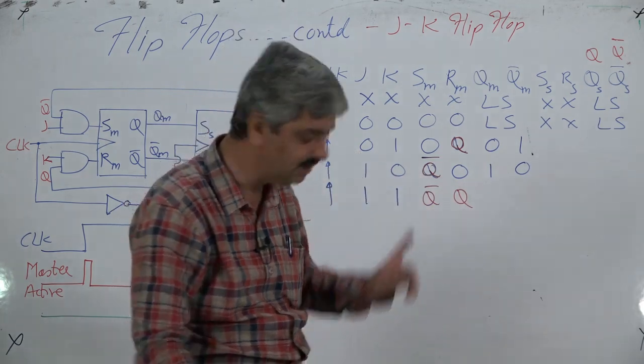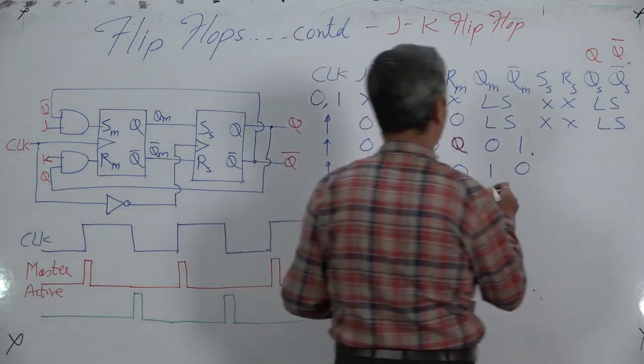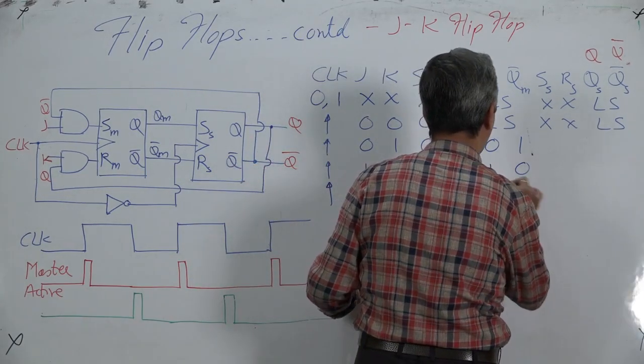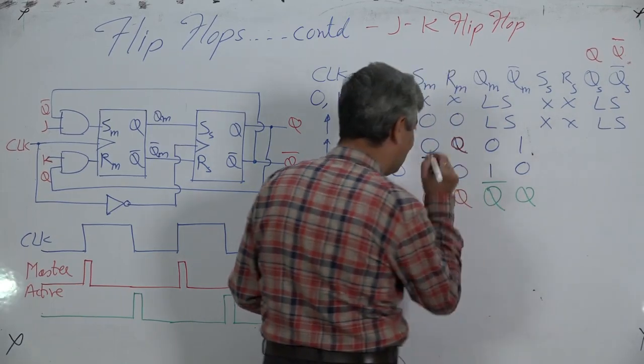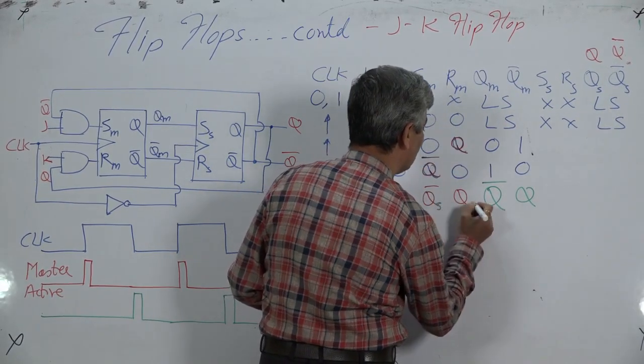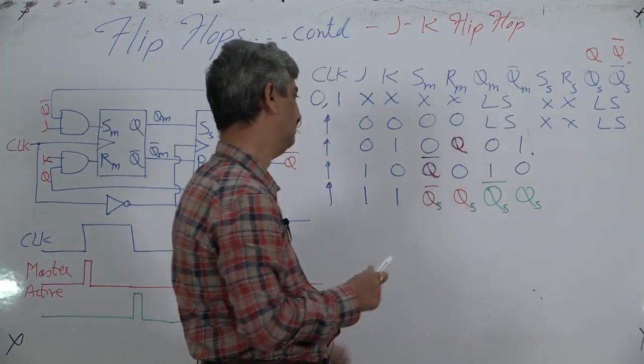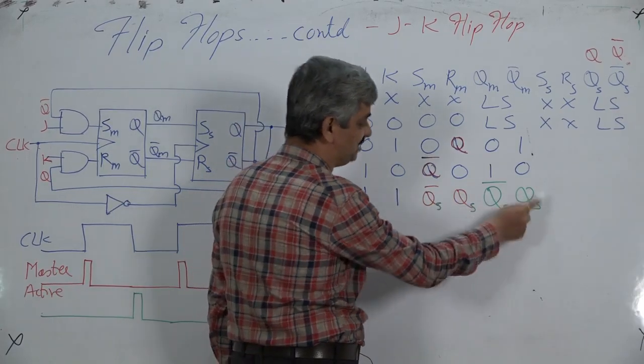So the outputs QM and QM bar are Q bar and Q, or if you want it to be specific, you can write S and R. This doesn't change.